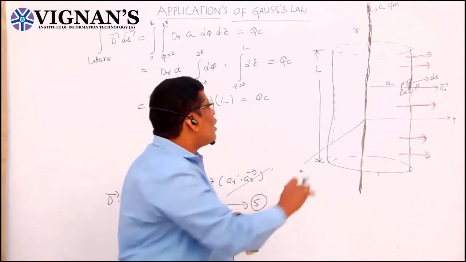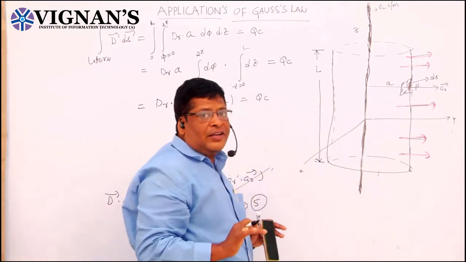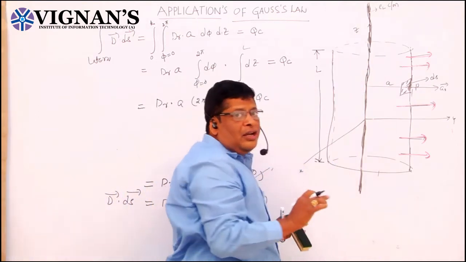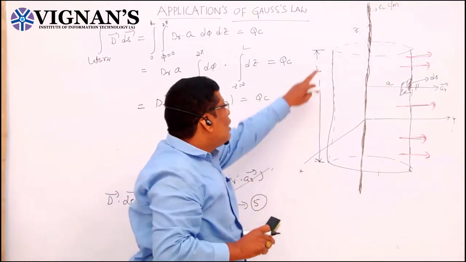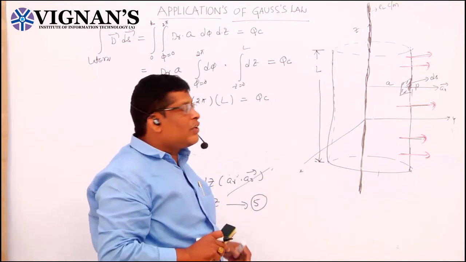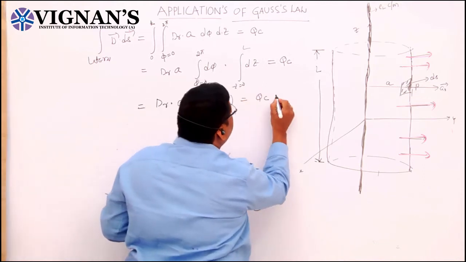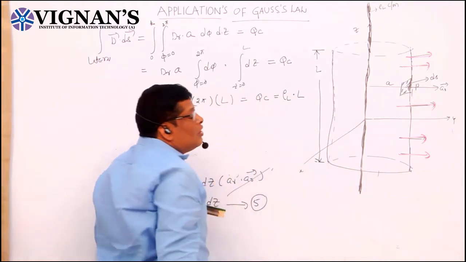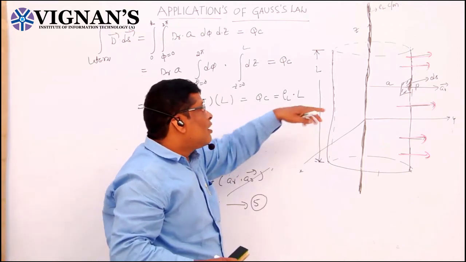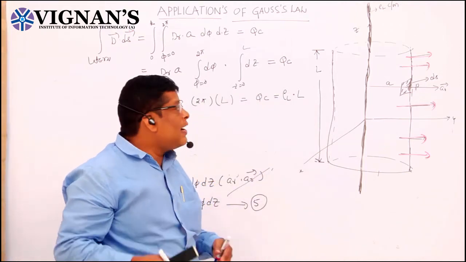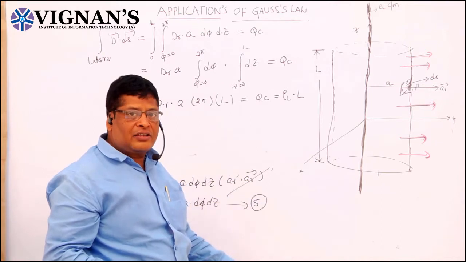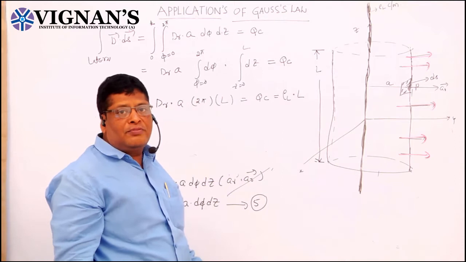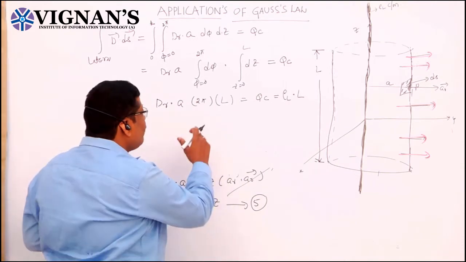So the charge enclosed is equal to the line charge density ρL times the length of the cylinder. Now Qc becomes ρL into L. We place infinite charge on the z-axis, but the Gaussian surface encloses only this much charge. Now we have to equate these two.